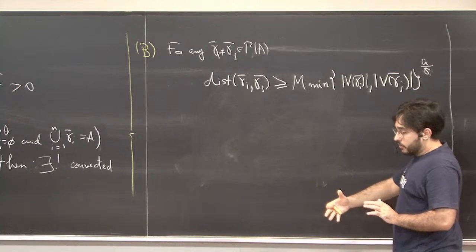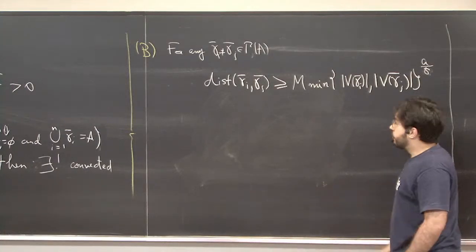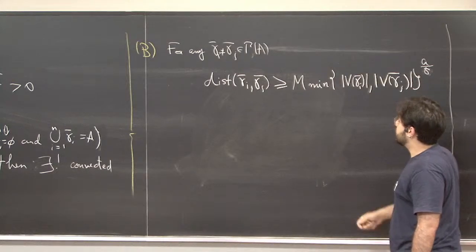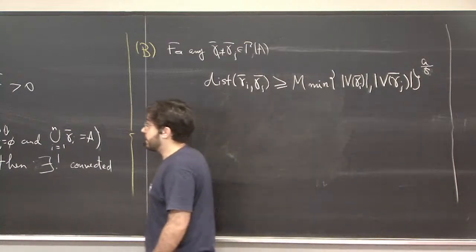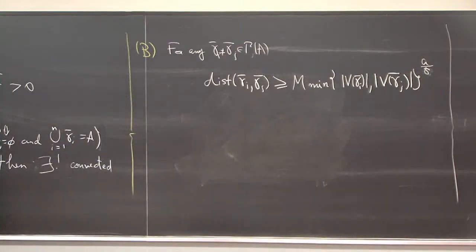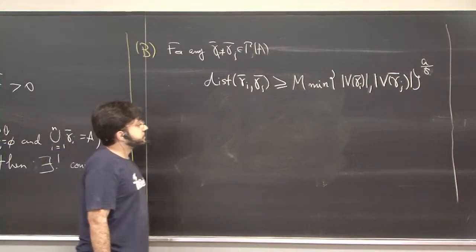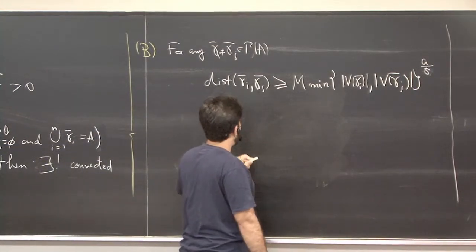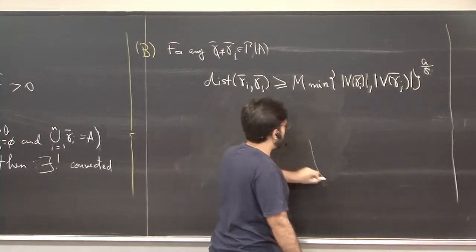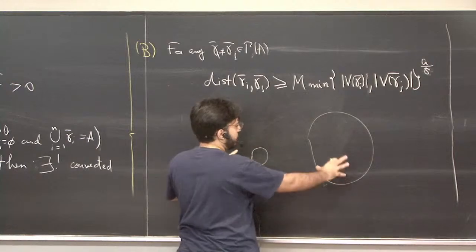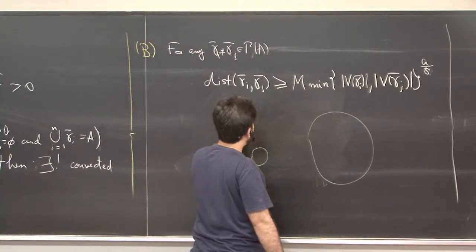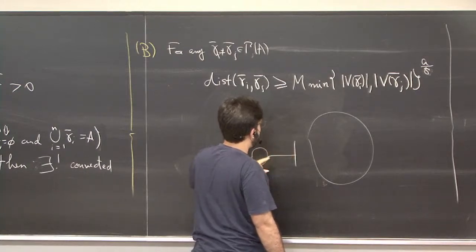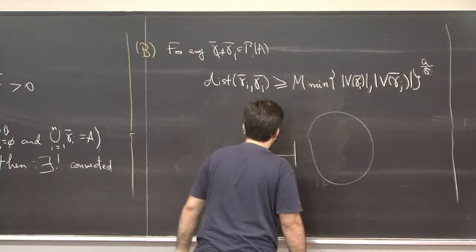You cannot be too close to other components, and the distance actually depends on how massive the element of your partition is. So if you have some small component right here and a large component right here and you want to approximate them and still have an MA partition, then this condition is saying that you cannot be as close as something that depends on the mass of the smaller component.